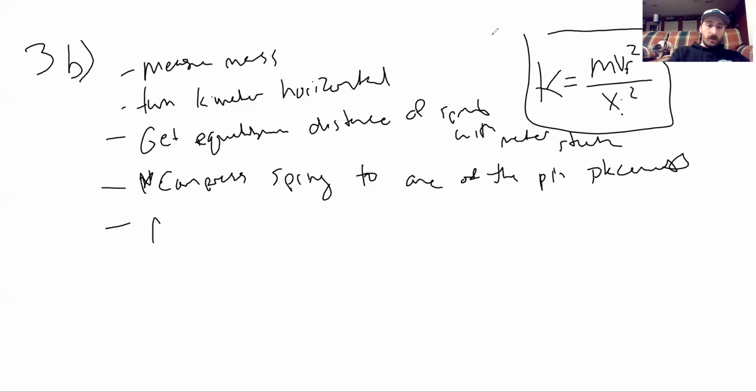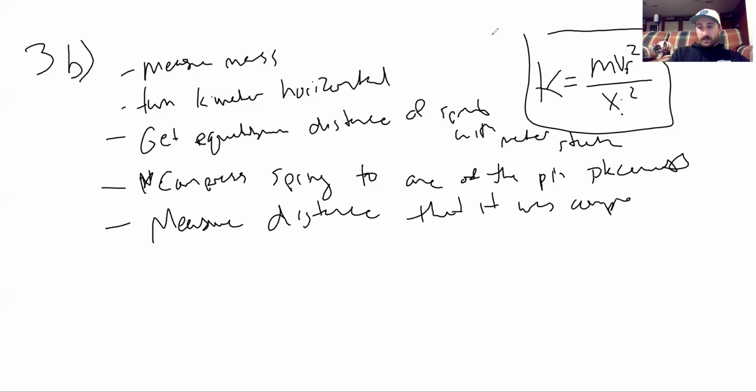Now we want to measure the distance that it was compressed with a meter stick. So I would write your initial position, in other words, compressed position, is your symbol XI, symbol for quantity, quantity to measure initial displacement from equilibrium, and equipment used for measurement is your meter stick.